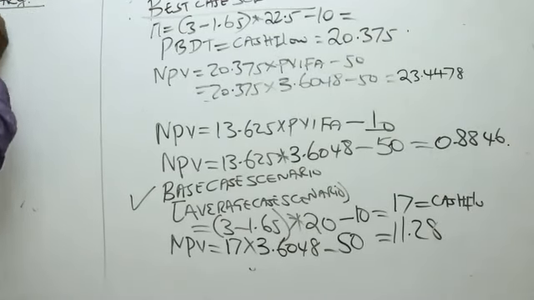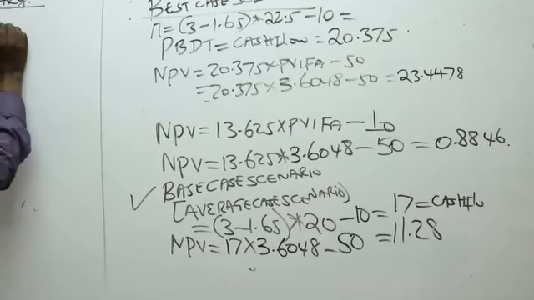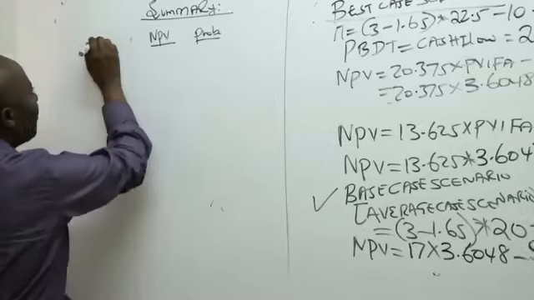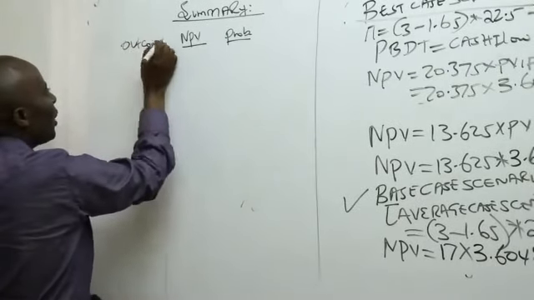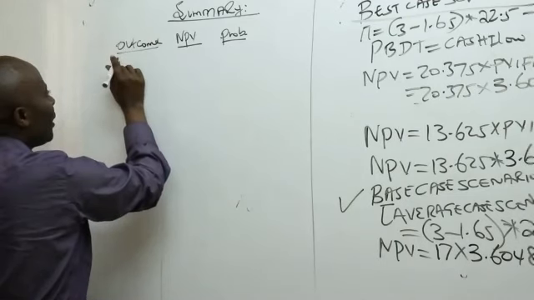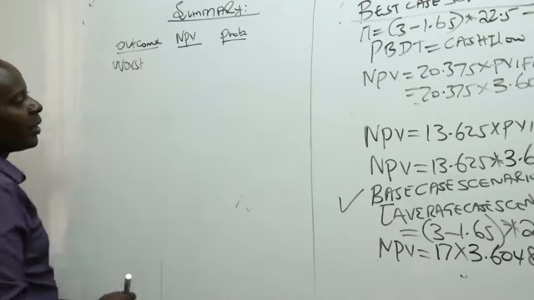So summary, we have net present value, and then we have probability. We have our outcomes. We have base, not base, but worst. We started with the worst.